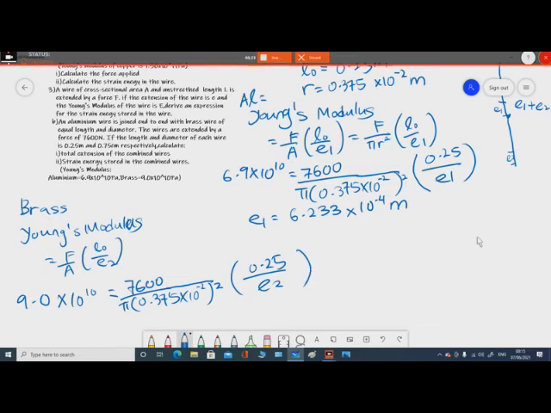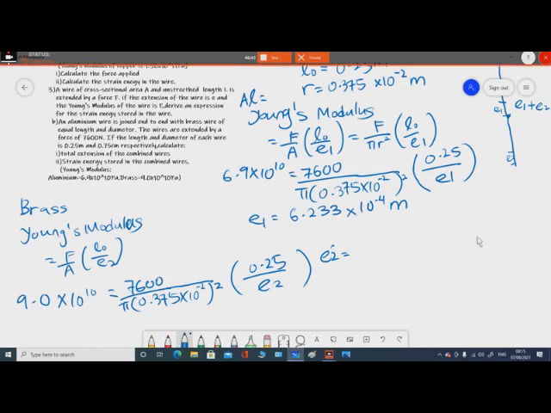Our E2 is equal to pi times 0.375 times 10 to the power of negative 2 squared, times 0.25 over 9 times 10 to the power of 10.